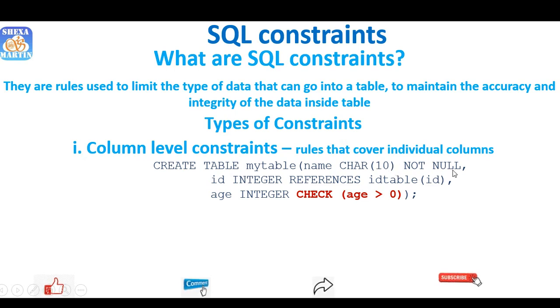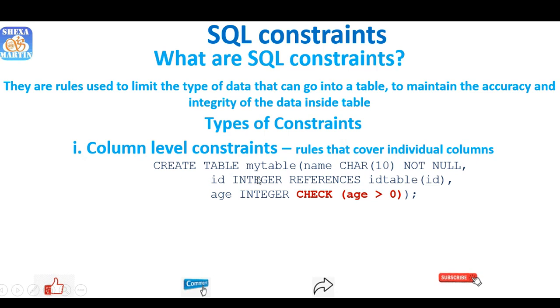And then not null is one other constraint, but in other terms they used to call it an attribute, which is defining the values that are allowed into this column name.